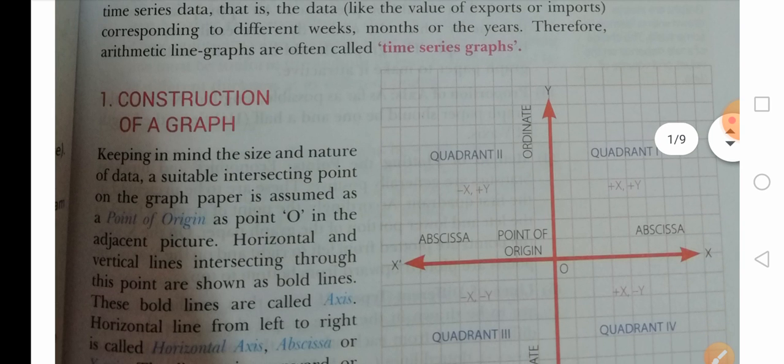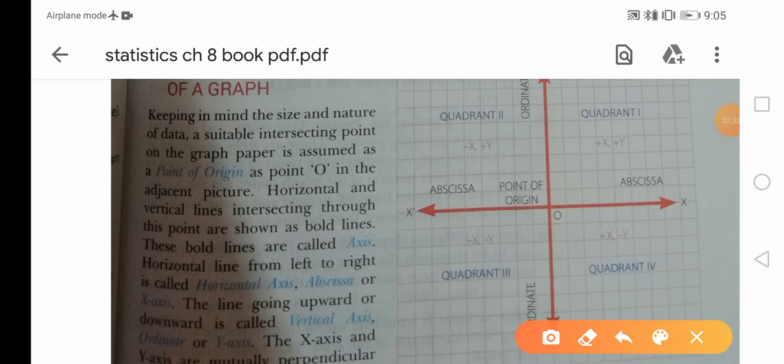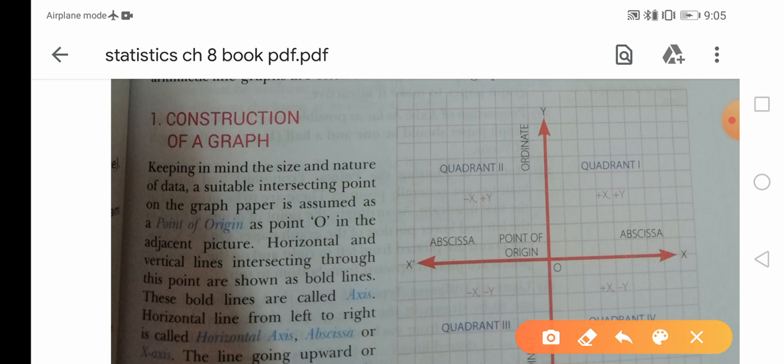So in our first point, we study the construction of a graph, how the graph is constructed on the basis of time series. Here you can see a graph paper in which the point O is there.